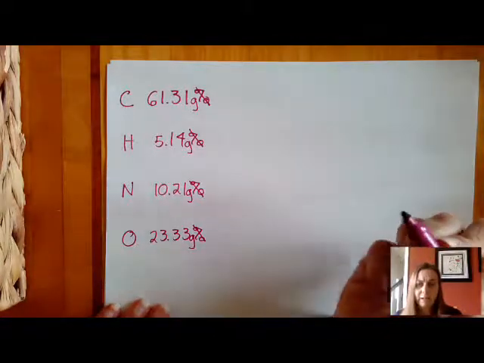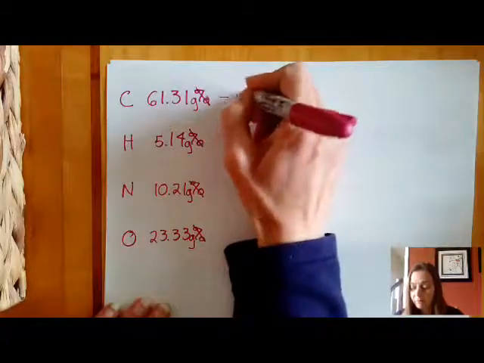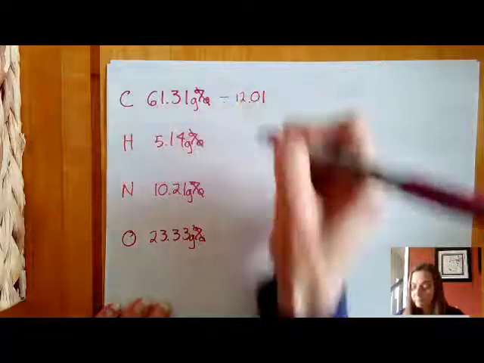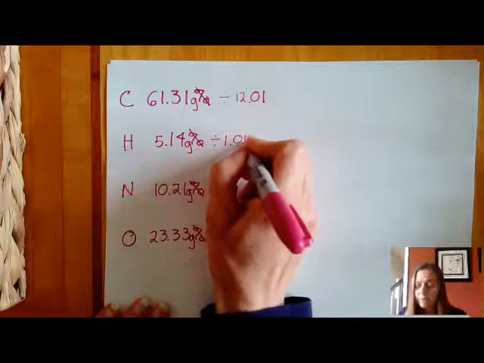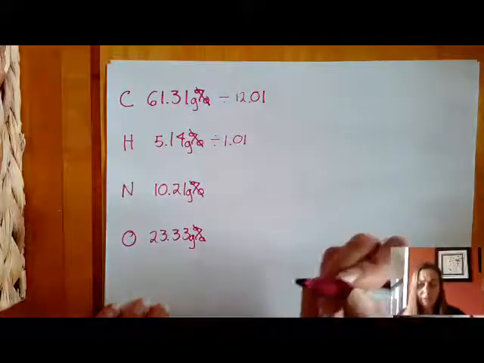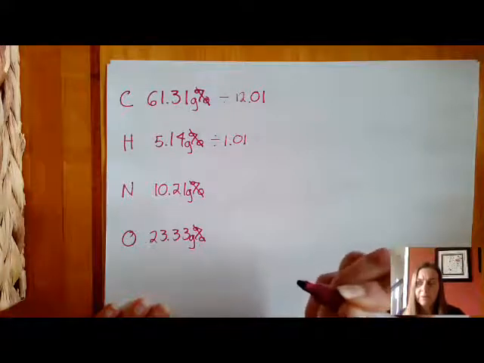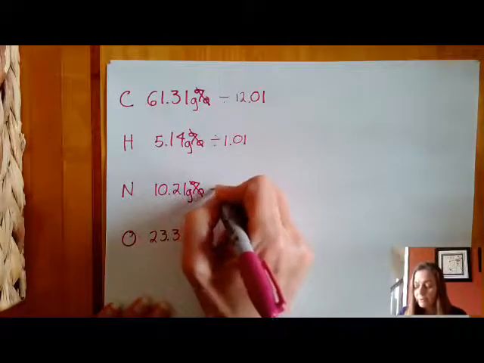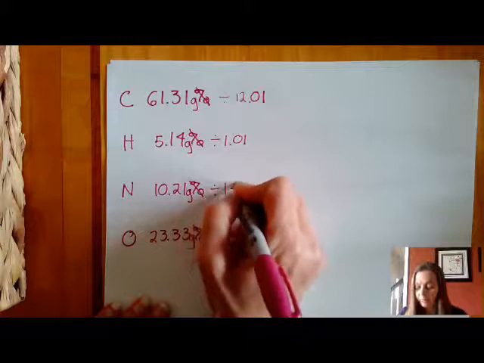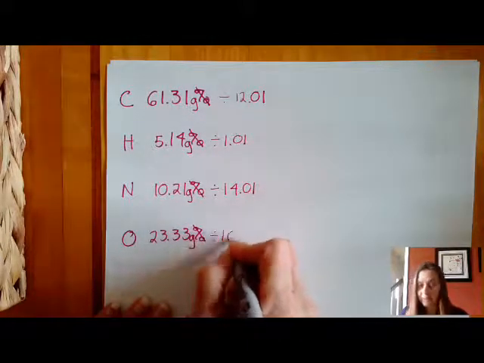And now we're going to divide by molar mass. For carbon, I'm going to divide by 12.01. For hydrogen, I'm going to divide by 1.01. You can use more decimal places if you want, pulling from your periodic table, but because these are going to be approximate numbers, I usually just stick with 2 decimal places. For nitrogen, we're going to divide by 14.01, and for oxygen, we're going to divide by 16.00.